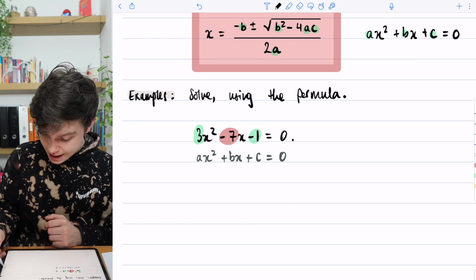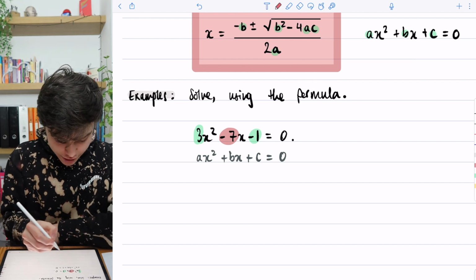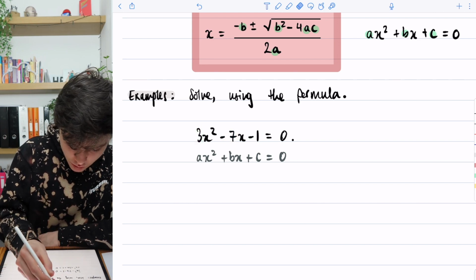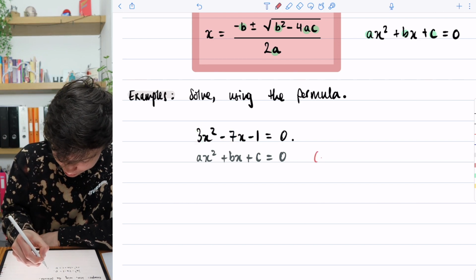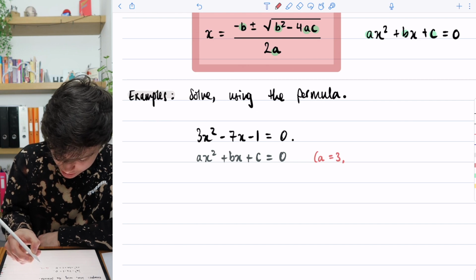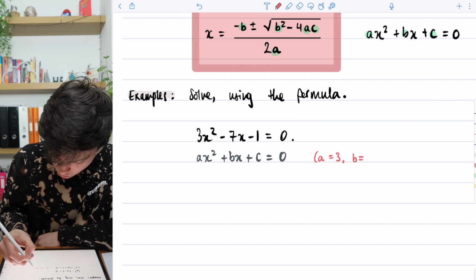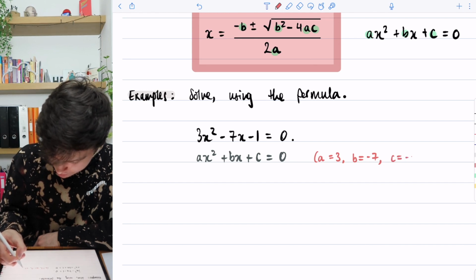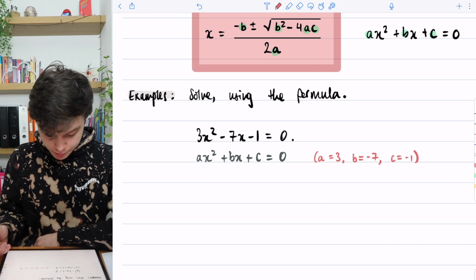In this example, we have that A is equal to 3, B is equal to minus 7, and C is equal to minus 1, okay?